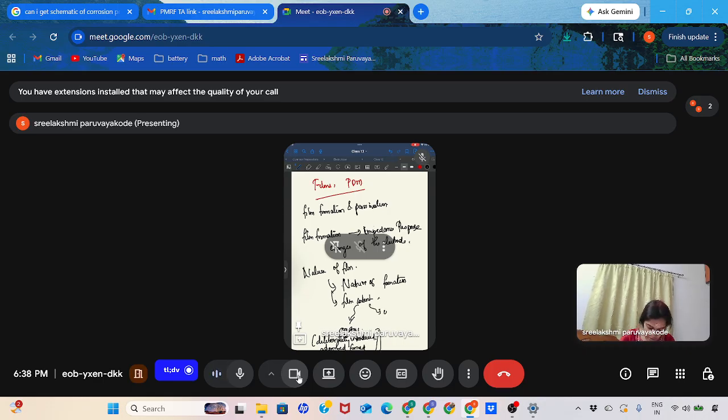It can also be inorganic. Inorganic means it is a metal oxide, formed by reaction between the electrode and electrolyte at the interface. When metals like aluminum react with the electrolyte, they form a passive hydroxide. All those come here.